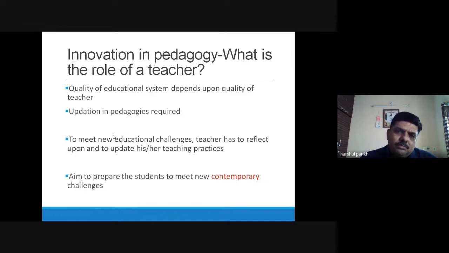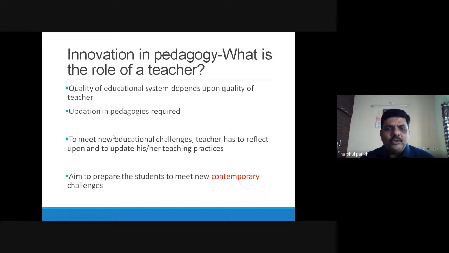The teacher is also playing a main role in pedagogy, and that's why the quality of the educational system depends on the quality of the teacher. What is the role of the teacher? There must be updation in pedagogies. That means the teaching approach must be updated by us.